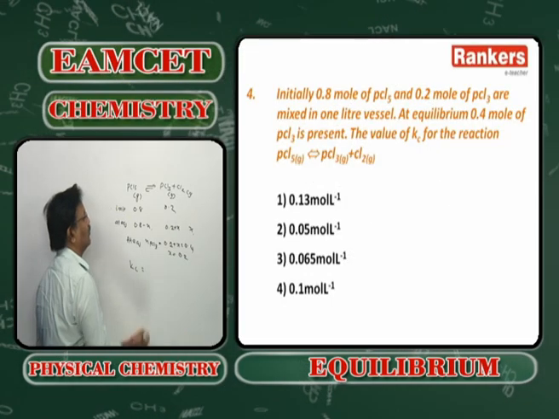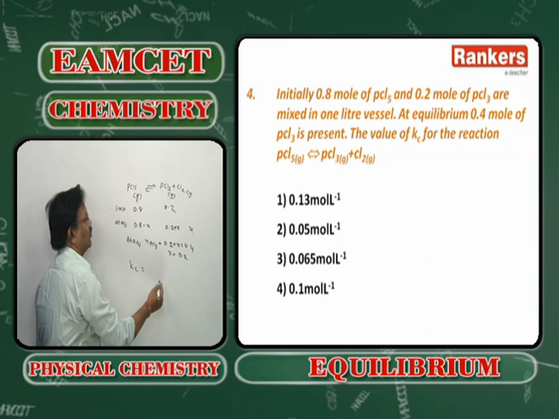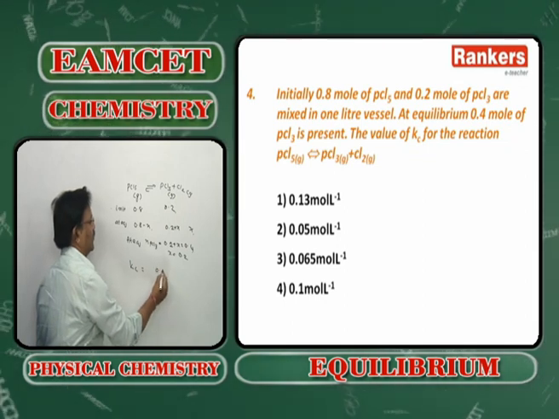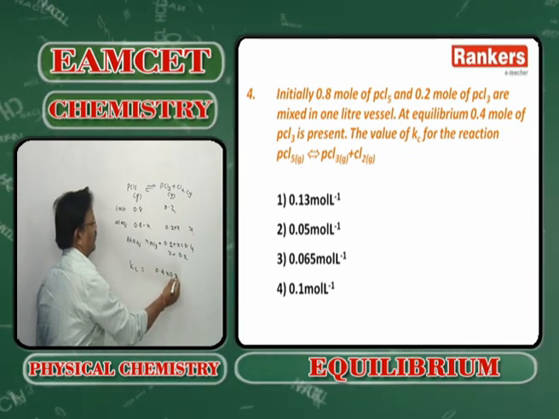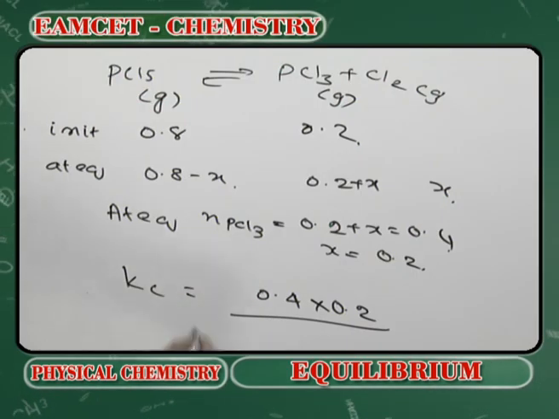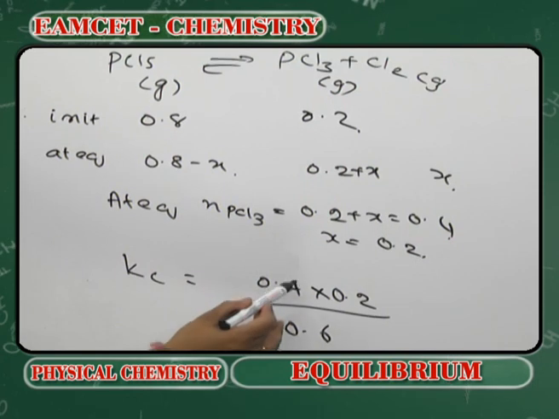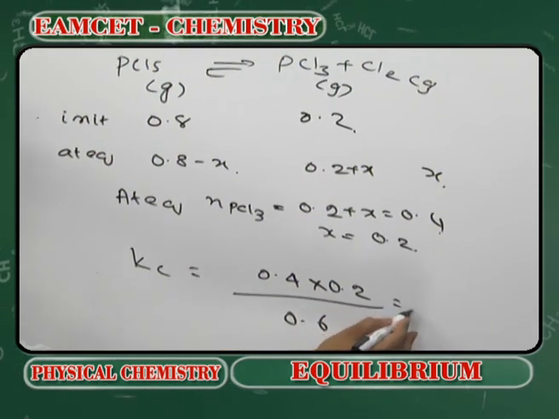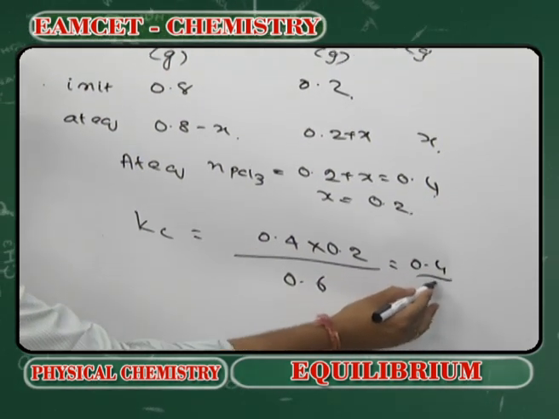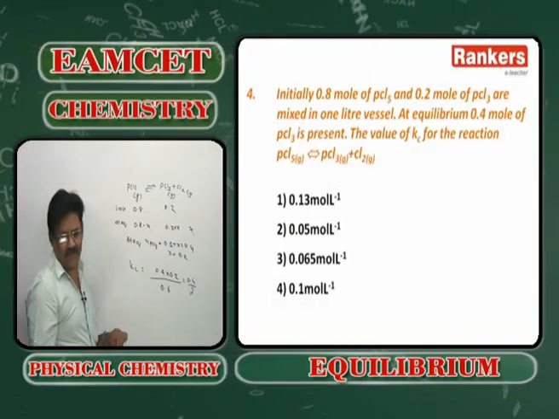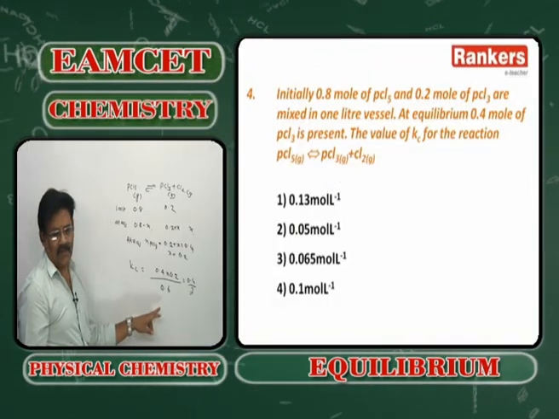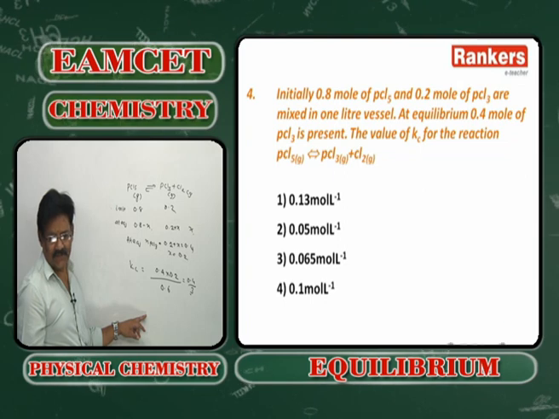Kc value is equal to 0.4 into 0.2 by 0.6, 2 by 3, 0.4 by 3. Option 1 is the answer.